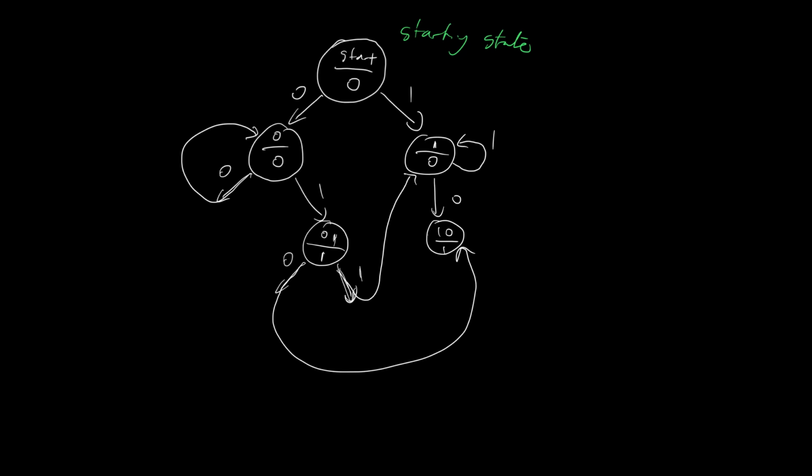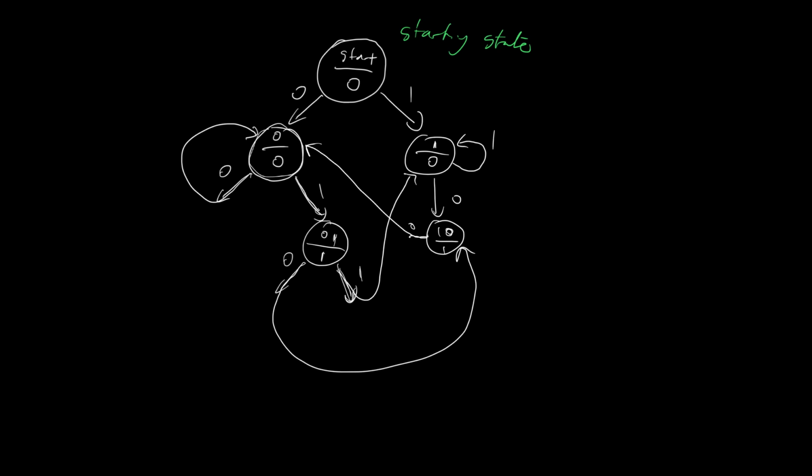By symmetry, if we're in this state and we get a 0, that means that we want to go over here because the previous symbol was a 0, and the current input's a 0. So we're basically going over to this state here because we're waiting for a 1.